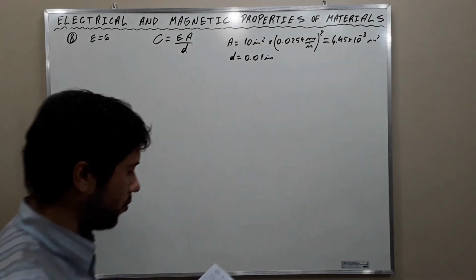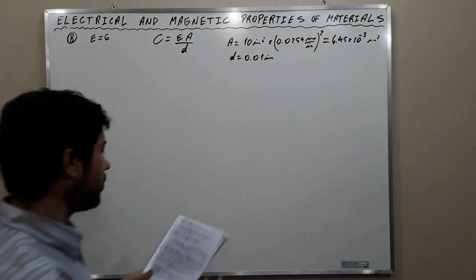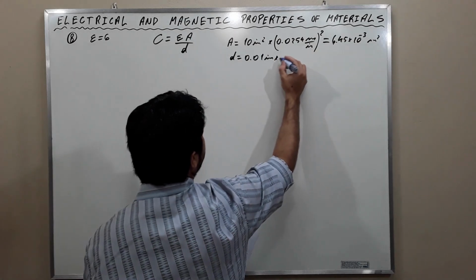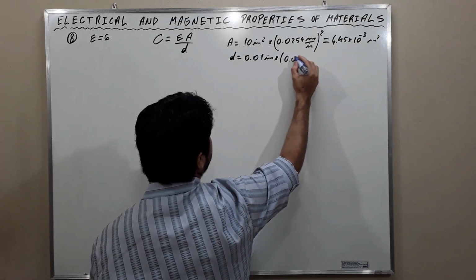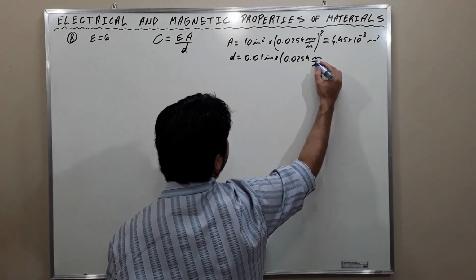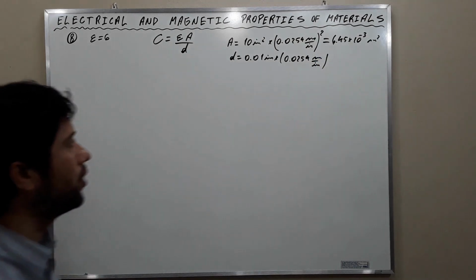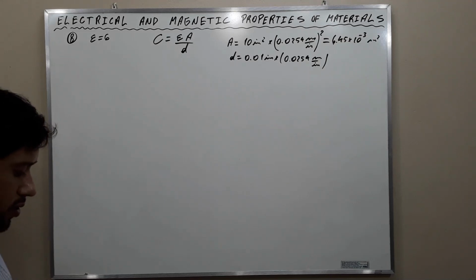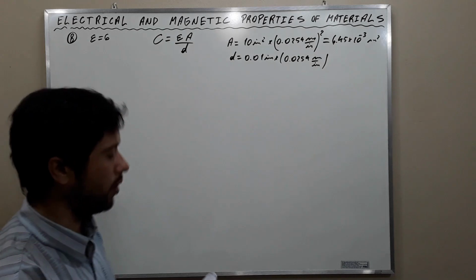And for the separation of the plates, we do the same. The separation was given in inches. We use this conversion here. But we are not going to square it because the separation is not squared, only the cross-sectional area.